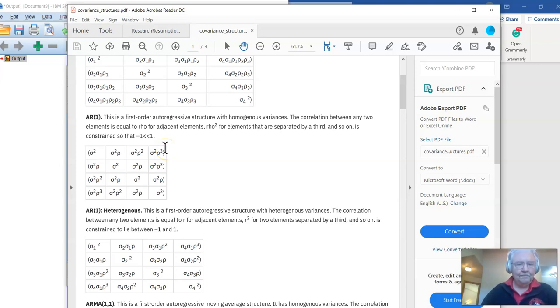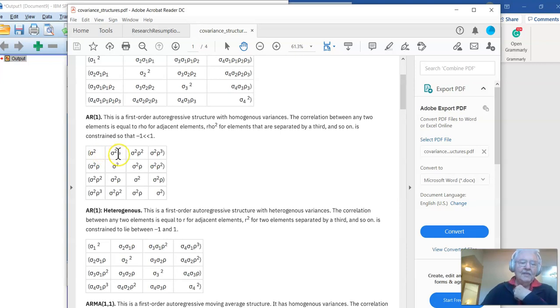But time, if you think about it, if you have two things spaced close together, they're probably more correlated than things spaced a little bit apart or even further apart. And in this case, notice all the variances of time 1, 2, 3, and 4, for those individual times, the variances are all equal.